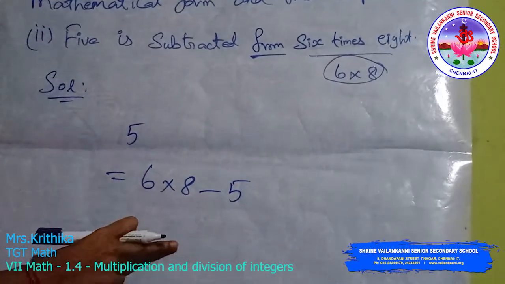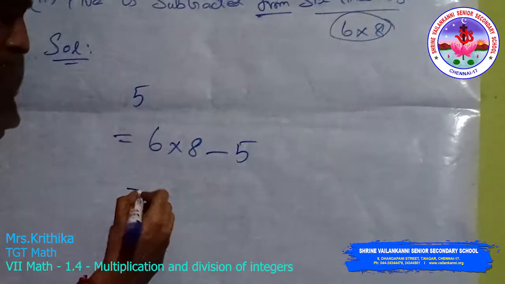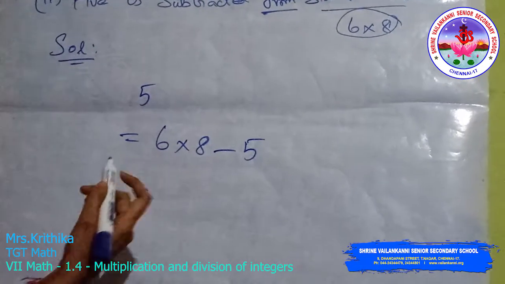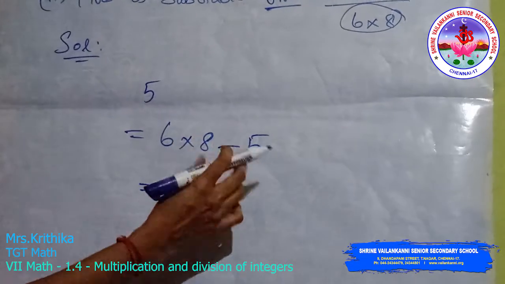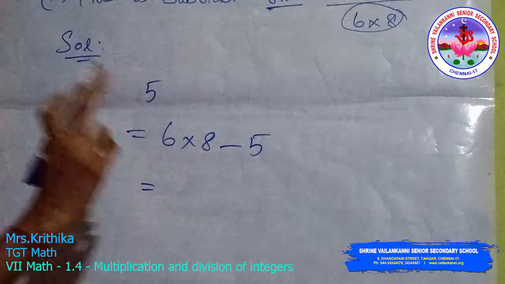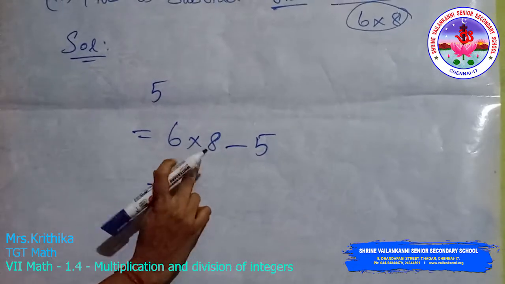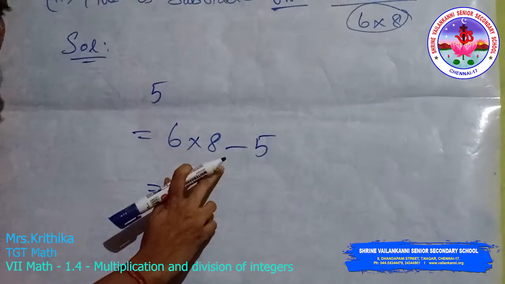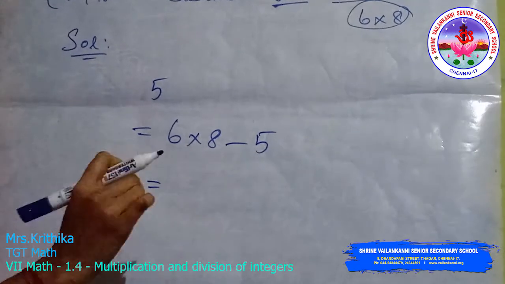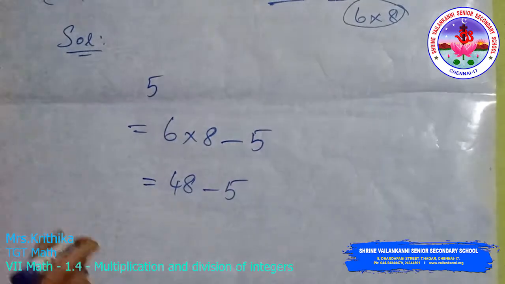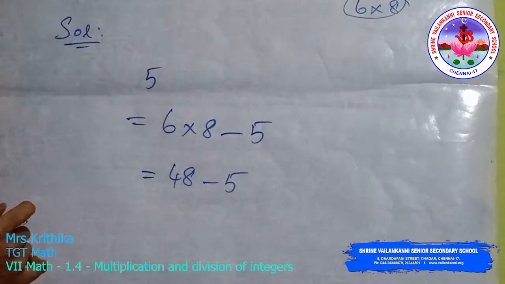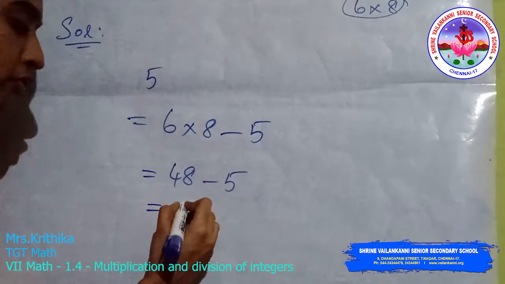This is the expression. Next, simplify. Here there are two operations, one is multiplication, another one is subtraction. The first priority goes to multiplication. 6 eights are 48, minus 5. 48 minus 5, the answer is 43.